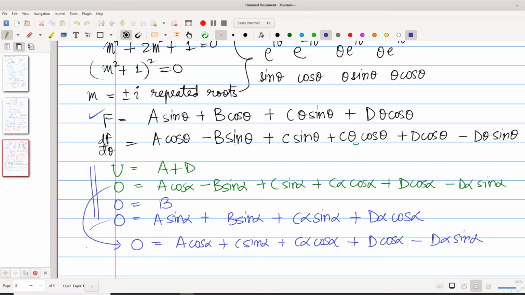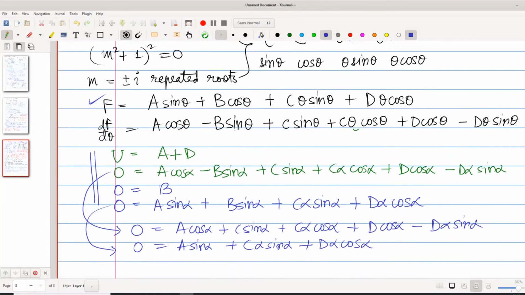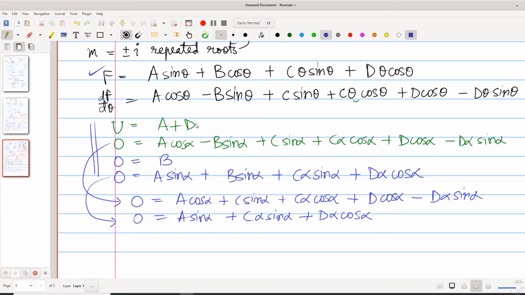And this equation becomes 0 equals A sin alpha plus C alpha sin alpha plus D alpha cos alpha. Along with A plus D equals U.